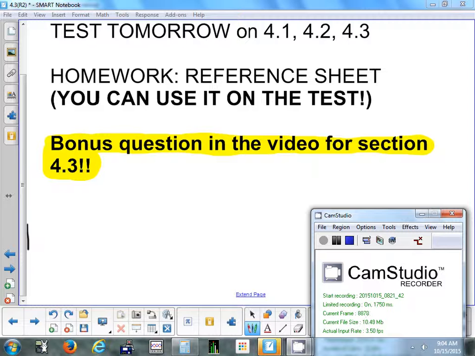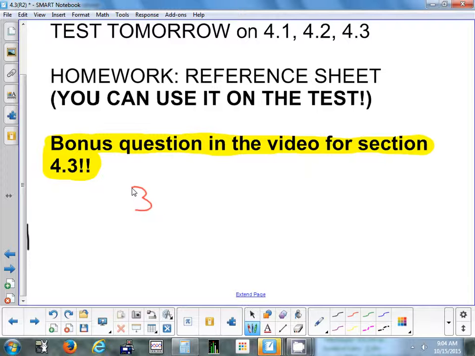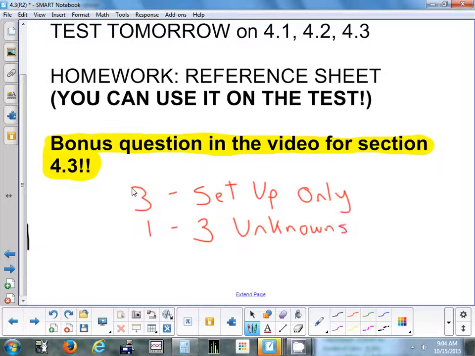Guys, listen, the test tomorrow, all right? There'll be 3 where you have to set up only. Don't have to solve, no solve. There'll be 1 with 3 unknowns.